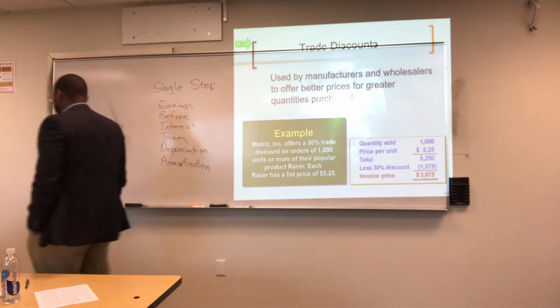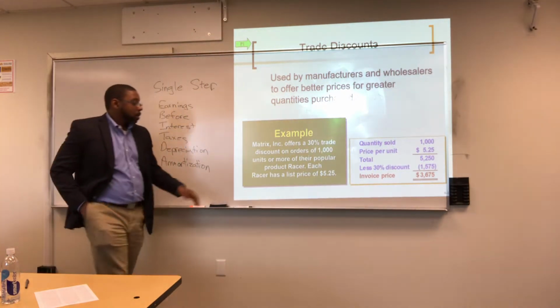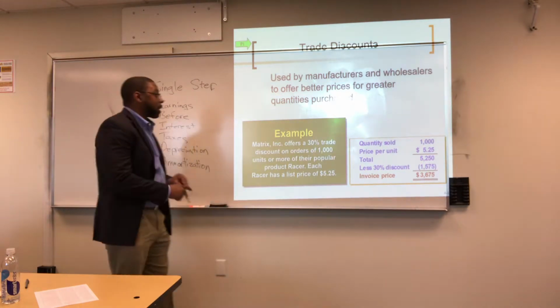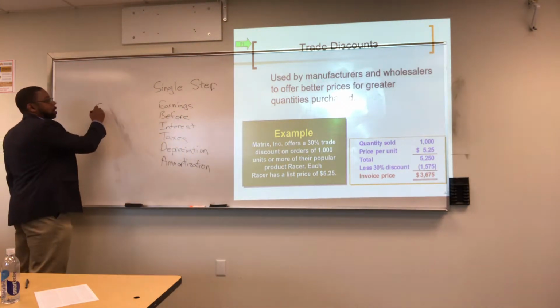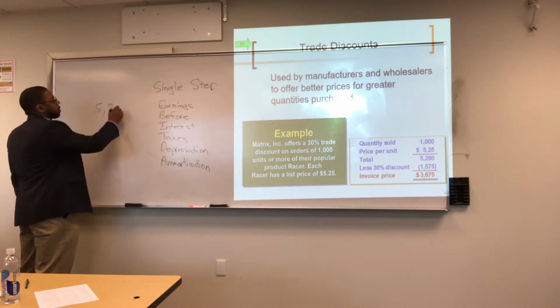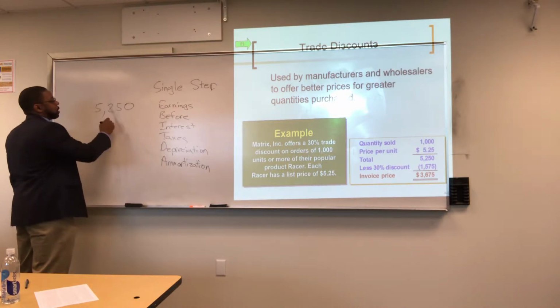Let me stop here and say this, scholars. This is a common mistake I see. People will say, oh, it's 30%, so I'll take 5,250 and times that by 30.